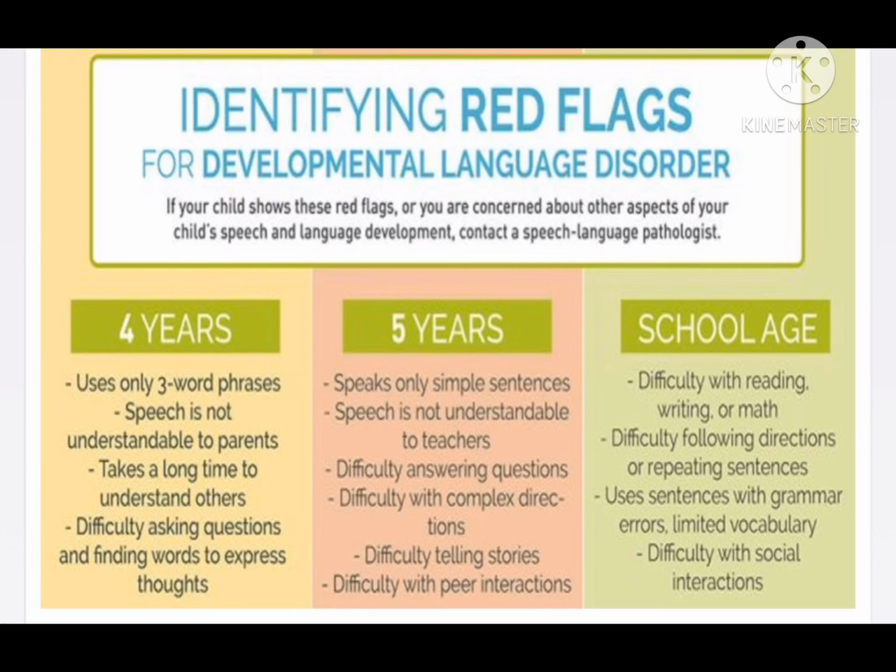Third is difficulty answering questions, difficulty with complex directions, difficulty telling stories, and difficulty with peer interactions. Then for school age: difficulty with reading, writing, or math, difficulty following directions or repeating sentences, uses sentences with grammar errors, limited vocabulary, and also difficulty with social interactions.